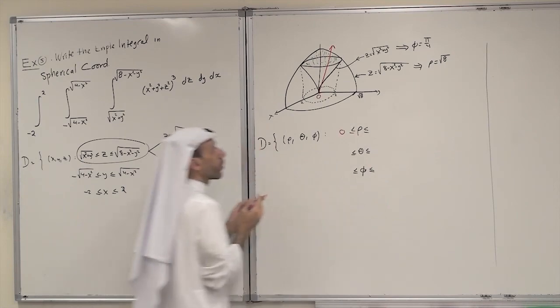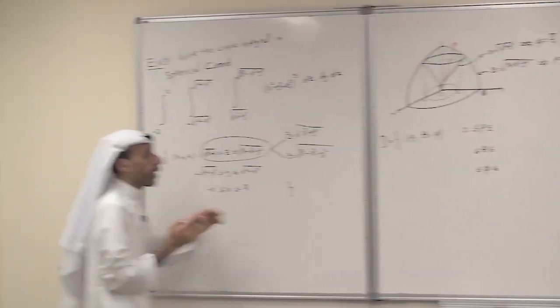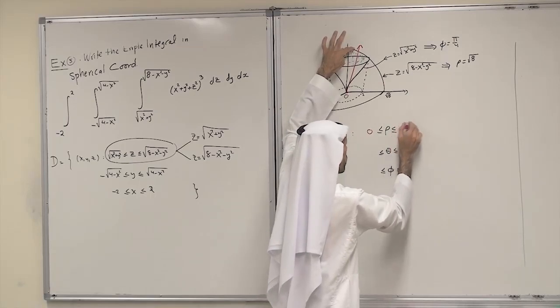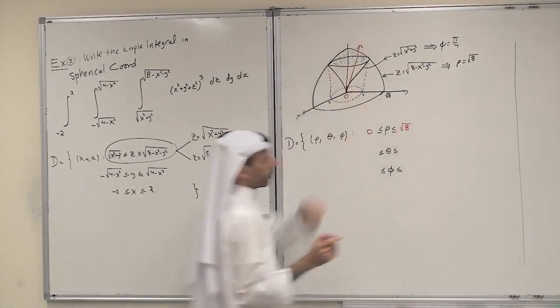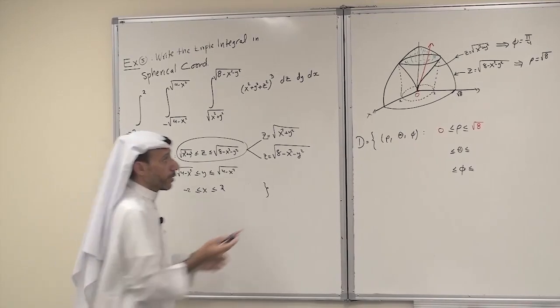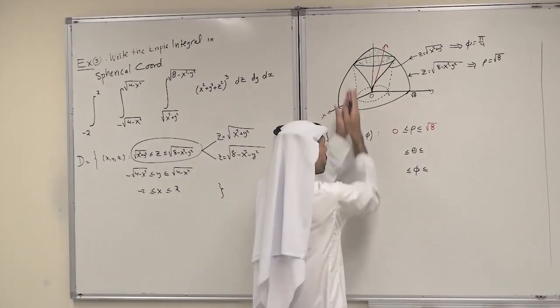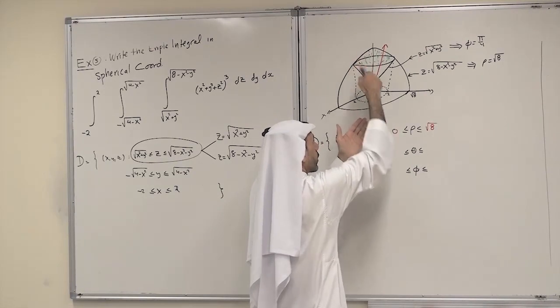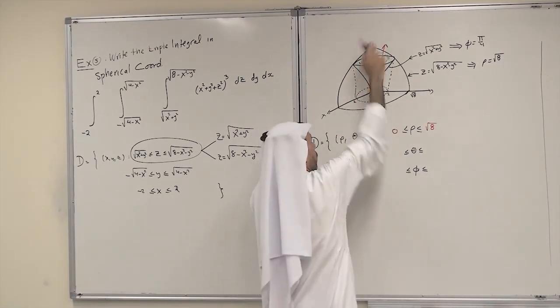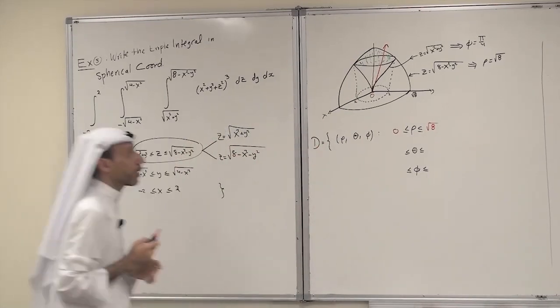You enter through the origin and leave through the sphere, which is rho equals root 8.